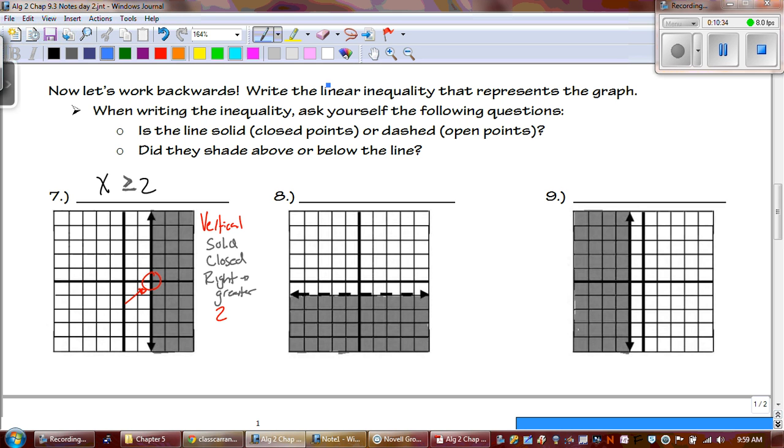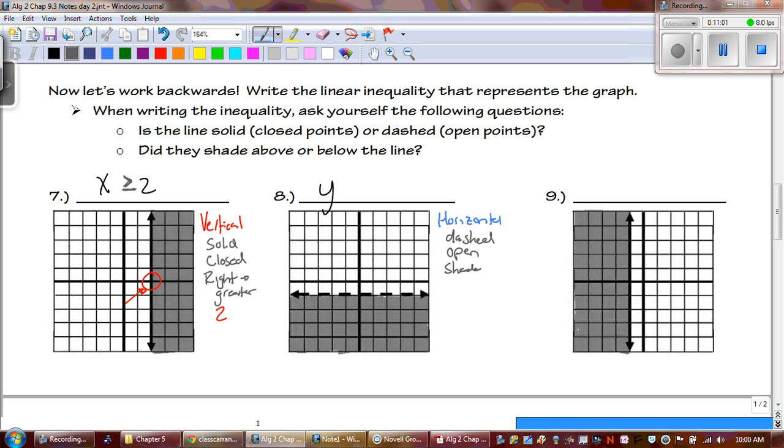Okay. Let's do number 8 together. The first thing I notice is that it's a horizontal line. And when it's a horizontal line, we know that it's y. Okay. I notice that we have a dashed line with open points. And then did we shade above or below?